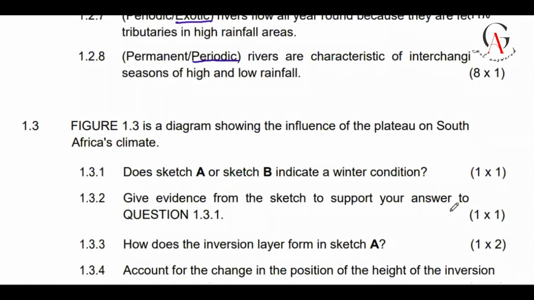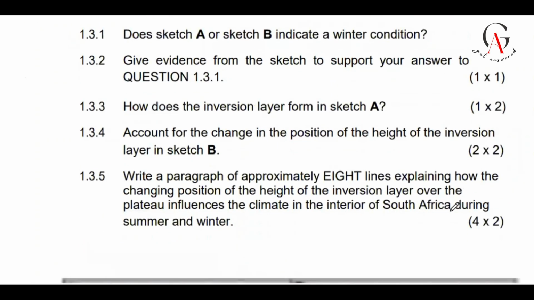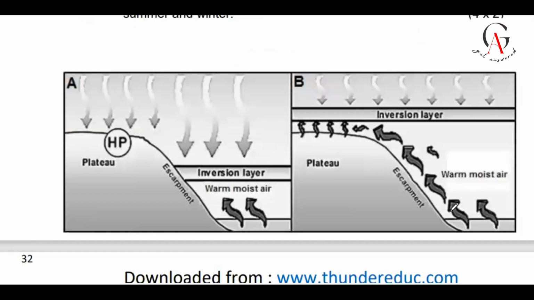Okay, let's go to figure 1.3, which is a diagram showing the influence of the plateau on South Africa's climate. This is our figure 1.3. As you can see, this is diagram A, diagram B, high pressure, inversion layer, warm moist air, the escarpment, and the plateau.